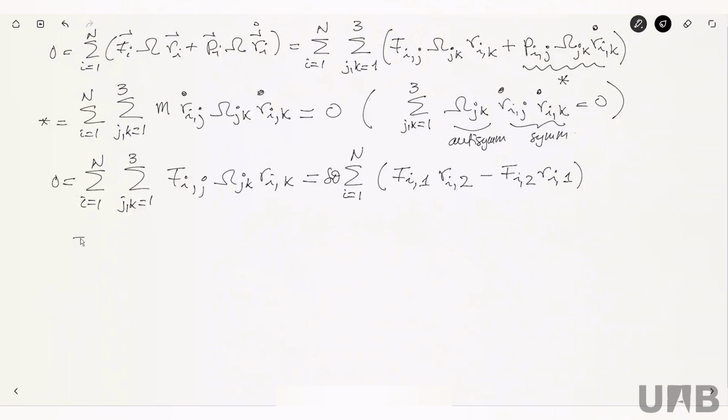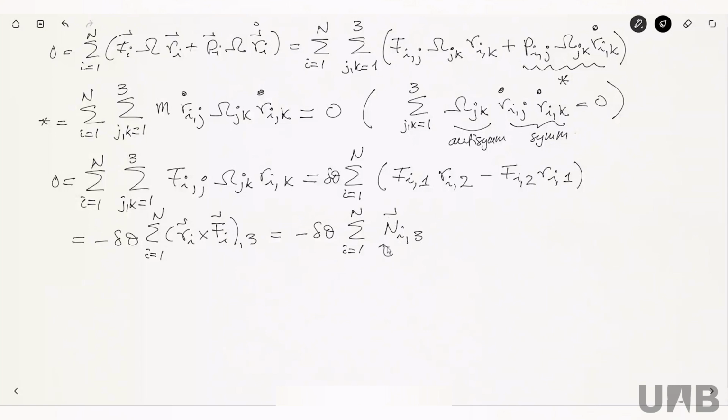So what is this? Well, this happens to be the same as minus delta theta of the cross product of Ri with Fi, the third component, sum over I from 1 up to capital N. So in other words, this is the same as minus delta theta sum from I equals 1 up to capital N of Ni, which is the moment of the force.